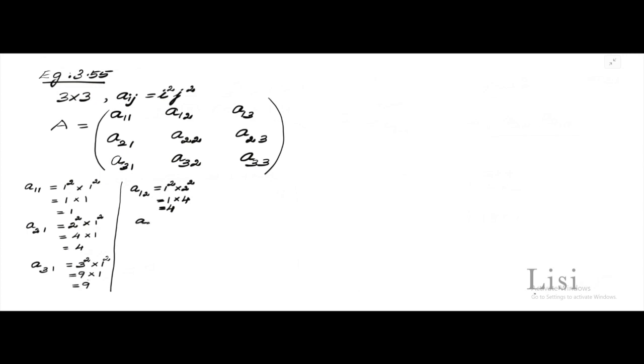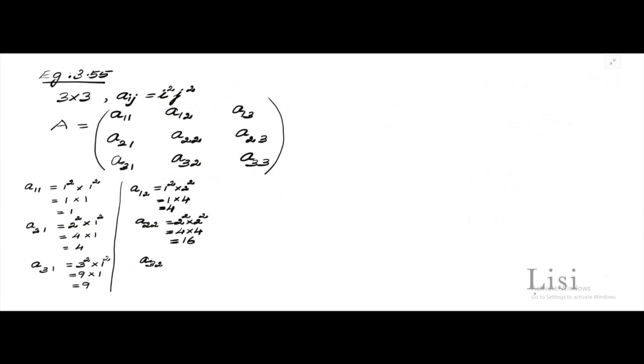Next, A22 is equal to i is 2, so 2 square, j is 2, 2 square, is equal to 2 to the 4, 4 4s are 16.